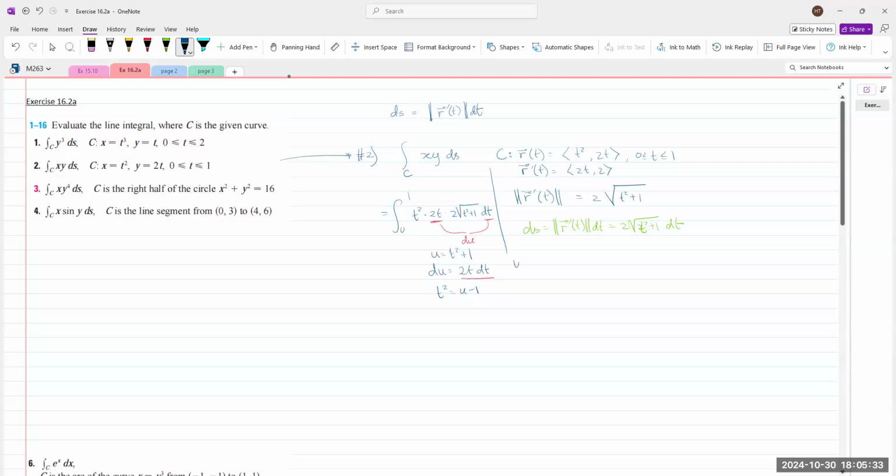The limits of integration: u at 0 is equal to 1, u at 1 equals 2. So my integral now becomes the integral from 1 to 2 of u minus 1, that's for the t squared, 2t dt becomes du, and then 2u to the power of 1 half.